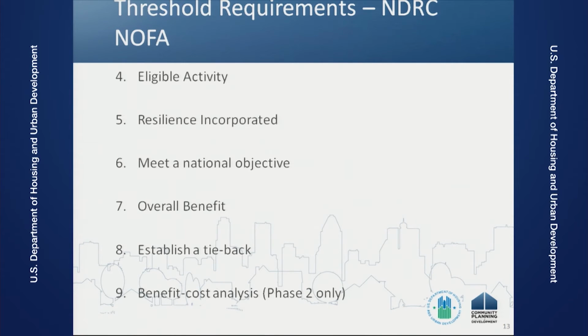Alternatively, applicants can request a waiver from HUD of the overall benefit requirement, but these waivers are very uncommon and are assessed under a higher standard by HUD. They must meet a compelling needs test.